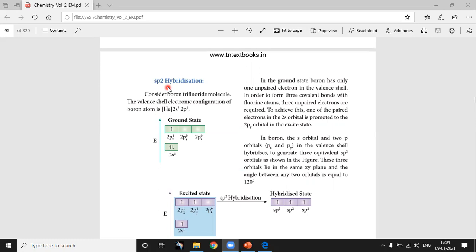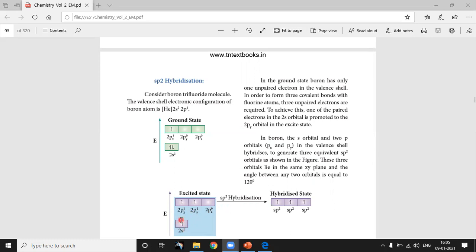Okay, so now here also what we are doing is that we are exchanging one electron from the 2s orbital to the 2p orbital, so that the 2px already has one electron. Now we are exchanging one electron from the s orbital to 2py, so that here you see we are having another one electron. Okay, so now this undergoes sp2 hybridization.